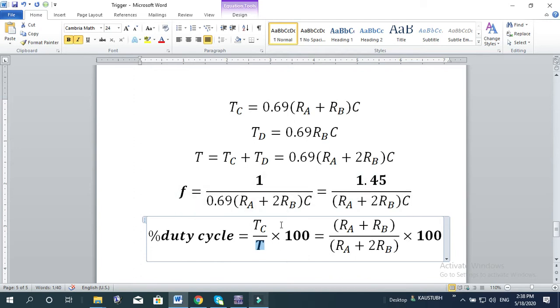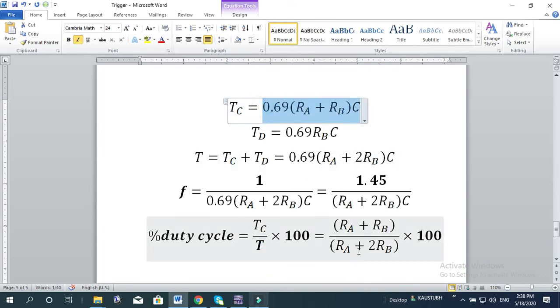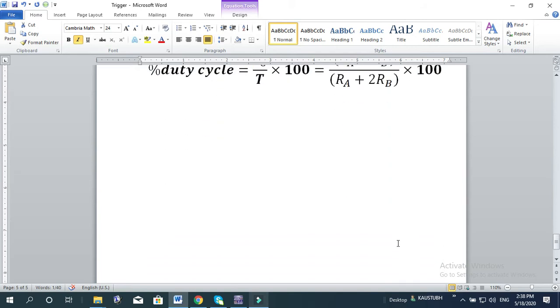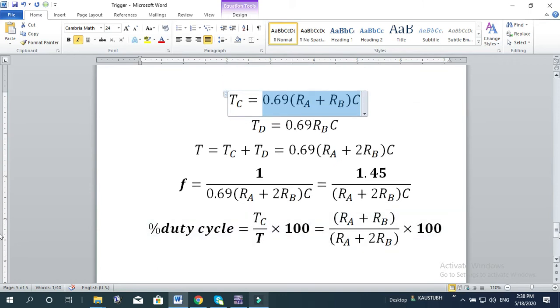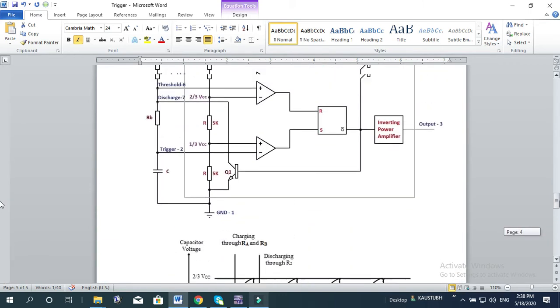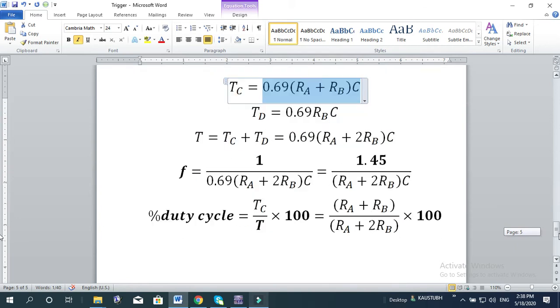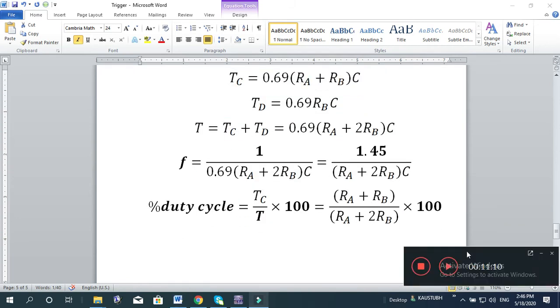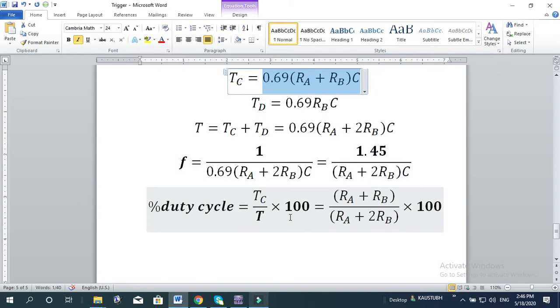Likewise, from this Tc we already know it is 0.69 into (RA plus RB) into C, and the total T is this. So if we put it like this, it will come out to be (RA plus RB) divided by (RA plus twice RB) into 100. So this is your duty cycle. Okay, so these are the prerequisite things for experimenting with this timer as an astable multivibrator.